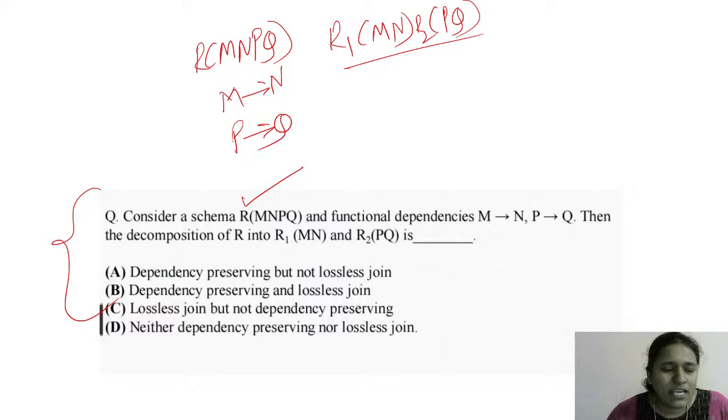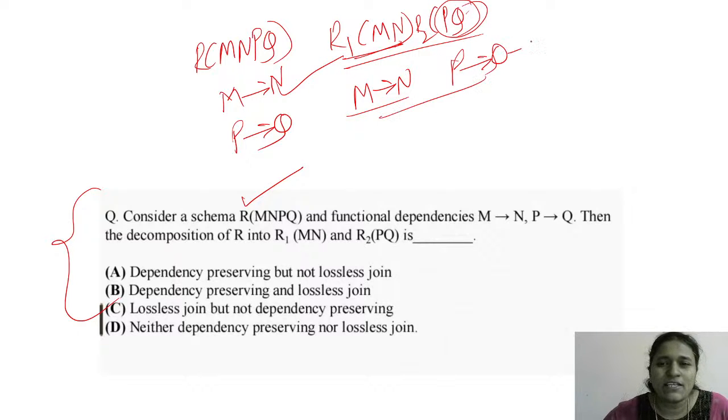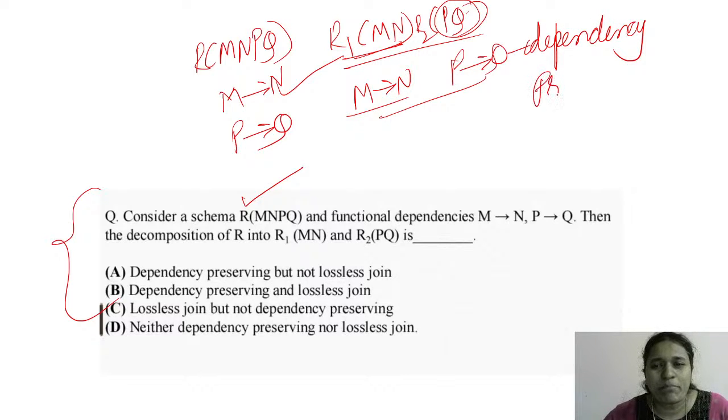The question is asking whether the decomposition is lossless or lossy, and whether the dependencies are preserved. We can clearly say that from R1 we can cover the M to N dependency, and from R2 we can cover P to Q dependency. Here it is dependency preserving. Just by observing we can say it is dependency preserving.